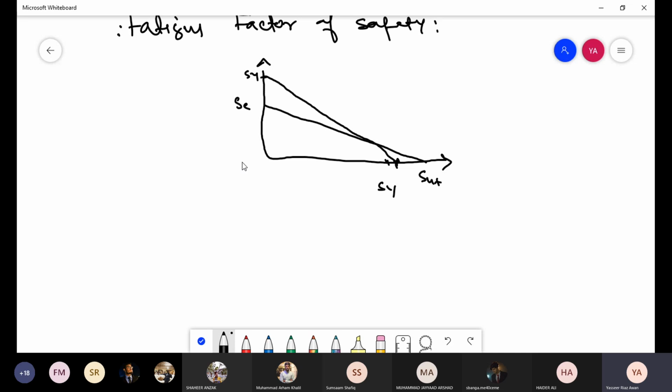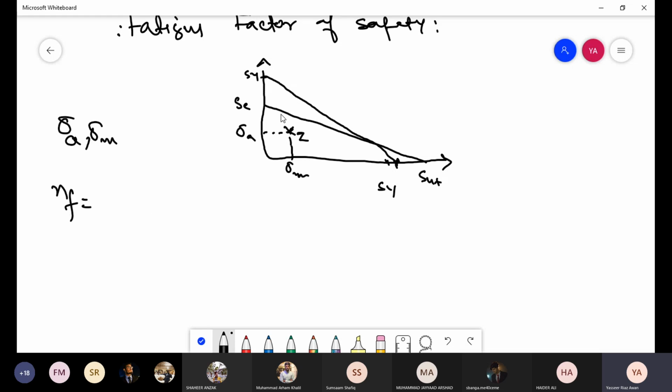So if for example you have some combination of sigma A and sigma M, and that point lies somewhere, for example, here, so this is sigma A, this is sigma M, and this point is Z. Then how to define the fatigue safety factor?